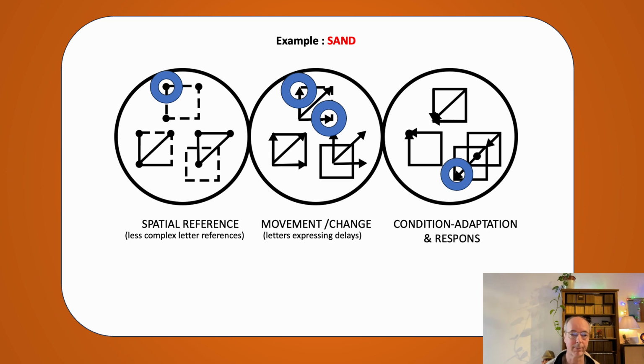It's much easier. So we have a spatial reference of letters. We have movement or change, which is needed when you need change. For instance, if you have a spatial reference, you have a point in a space which isn't immediately finalized in its expressions. It needs some time to develop, and it also needs a description in time to develop.